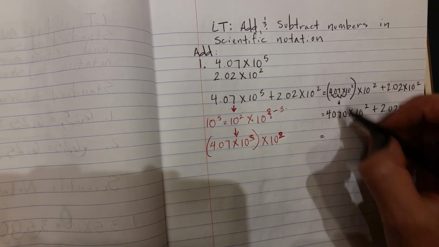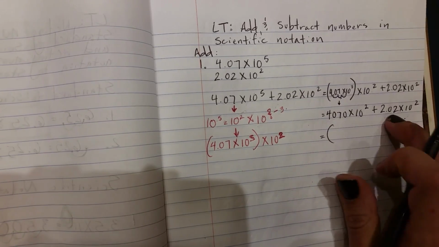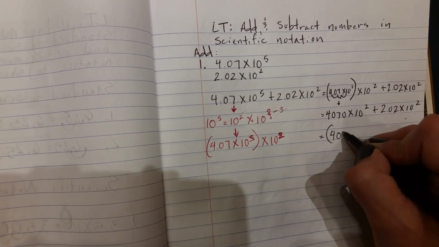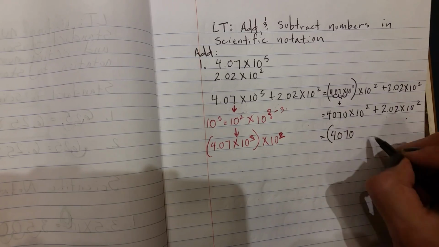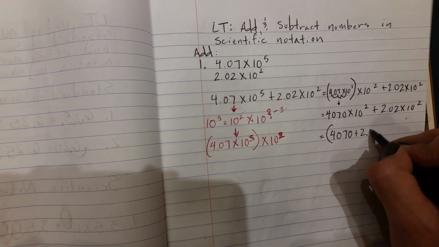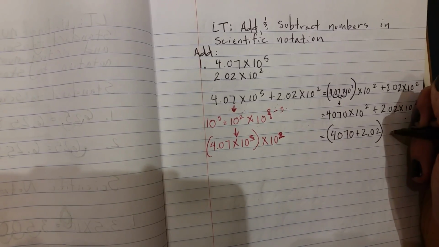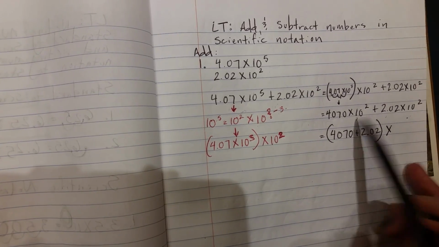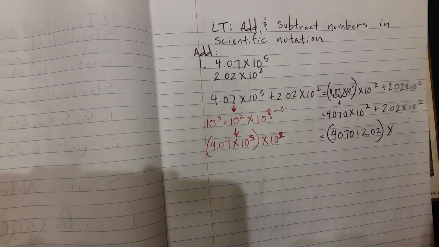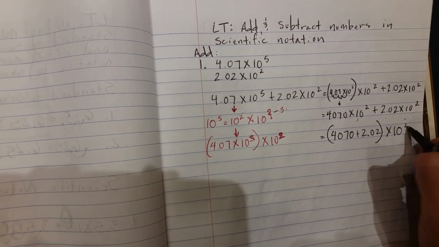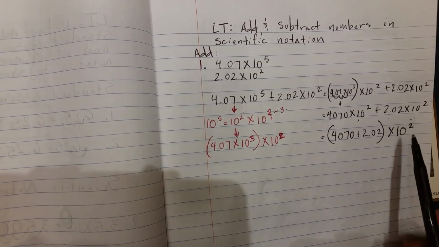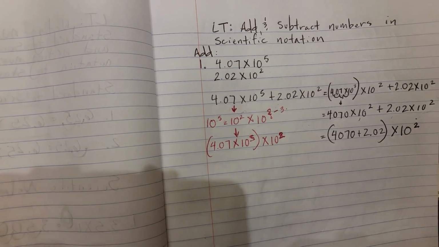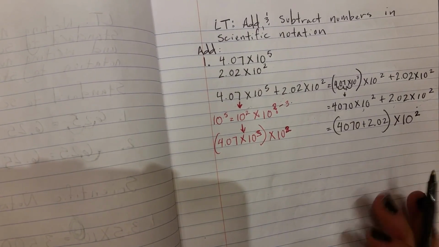So I can combine my two numbers written in standard form, 4,070 plus 2.02. And now multiply and combine these two. So 10 to the second power. If they're the same, we move them down here.